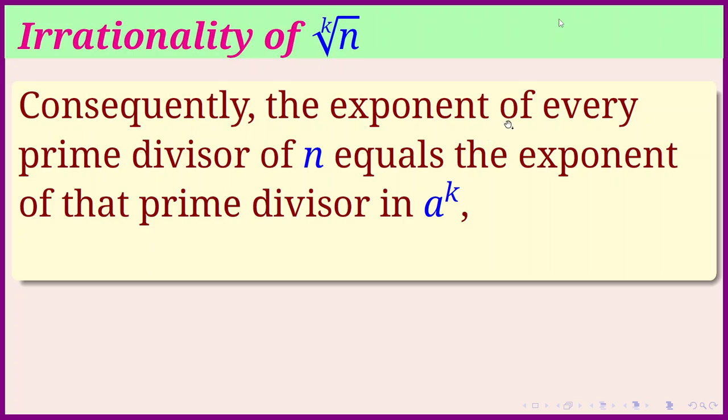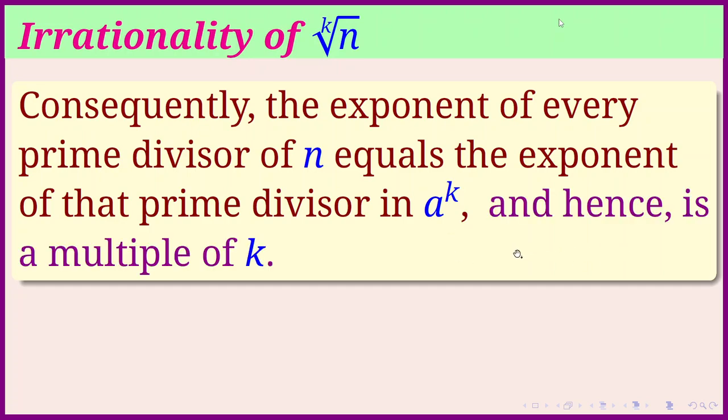Consequently, the exponent of every prime divisor of n equals the exponent of that prime divisor in a to the power k, and hence it is a multiple of k.